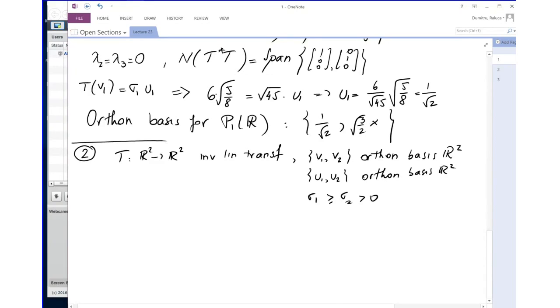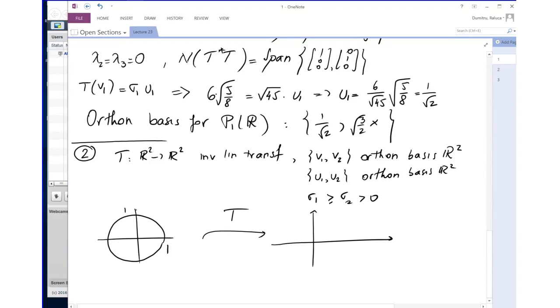And the 2 singular values of T, sigma 1 and sigma 2. Okay, so I want to know how the unit circle will be affected by all this.